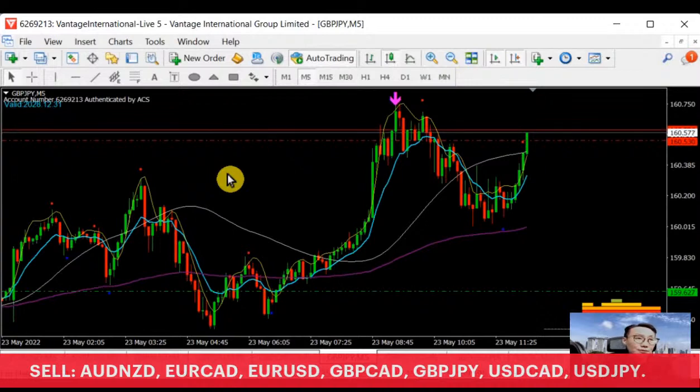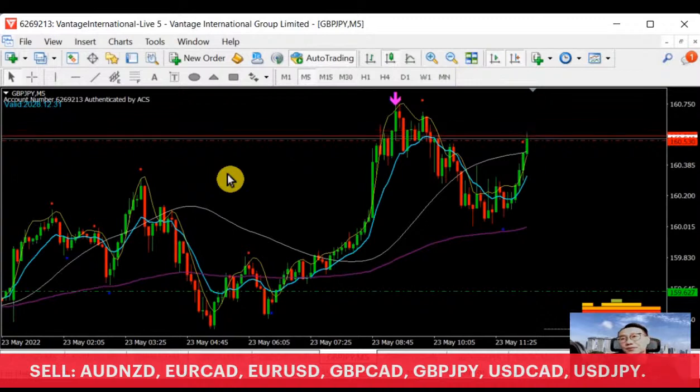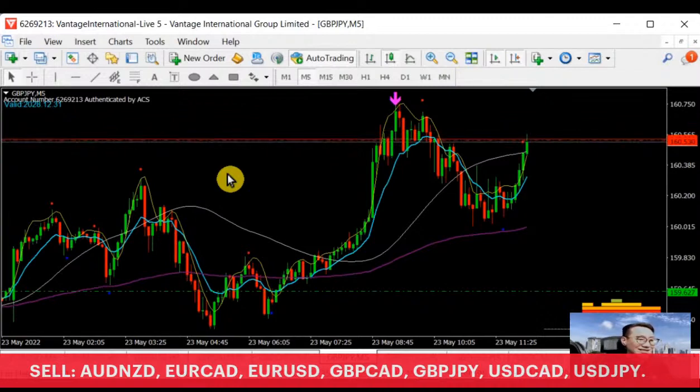When there's a resistance to sell, we must know what signal from the market tells us that this is a good signal to sell.